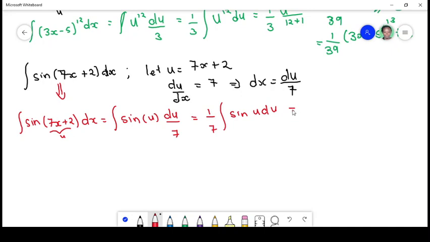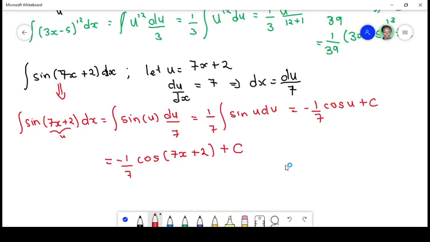If you integrate sine, what do you get? Minus cos. So I have minus 1 over 7 cos u plus my constant. But we know what u is because the function is in terms of x. So now my final answer is going to be minus 1 over 7 cos(7x plus 2) plus, don't forget your constant, c.